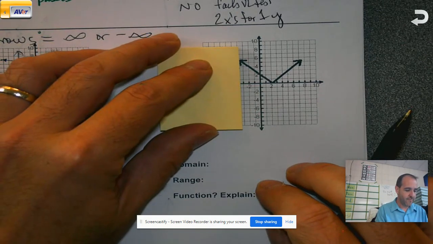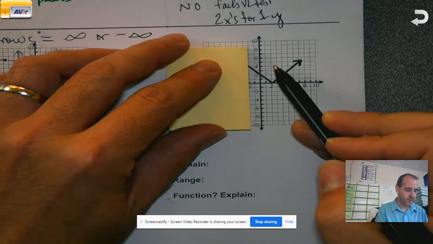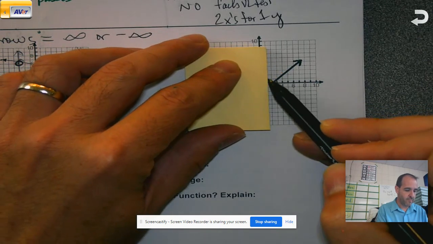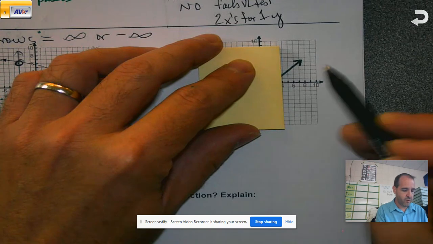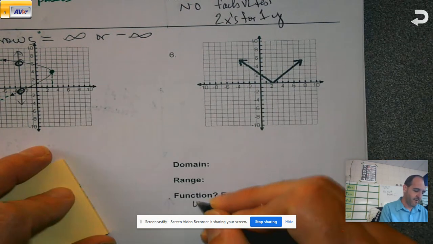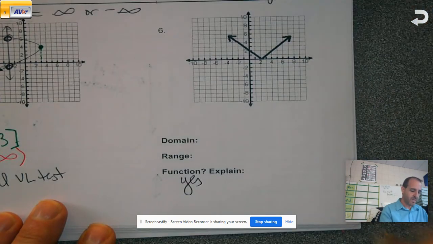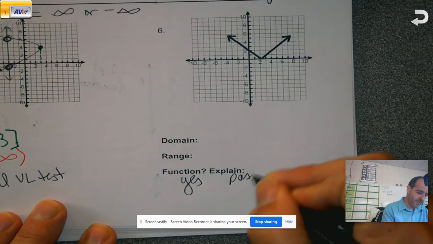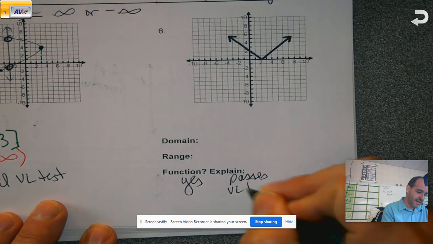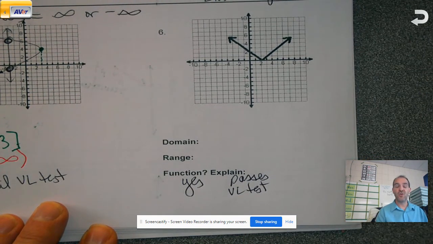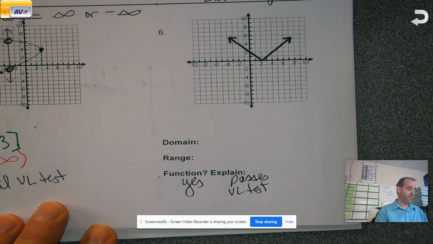And we're going through with our vertical line, 1 point, 1 point, 1 point, 1 point, 1 point. Okay. Past that. Yes. Passes vertical line test. All right, we can say this. It's 1 to 1. Okay? 1x for 1y.